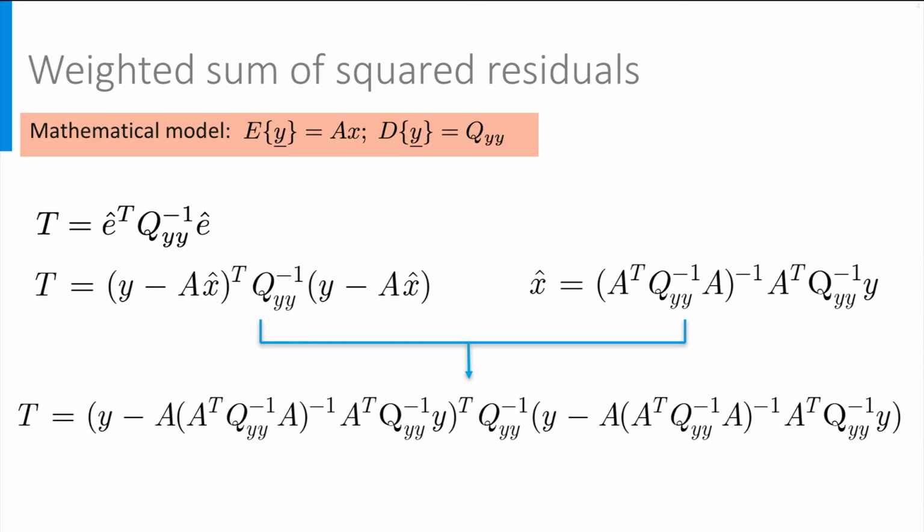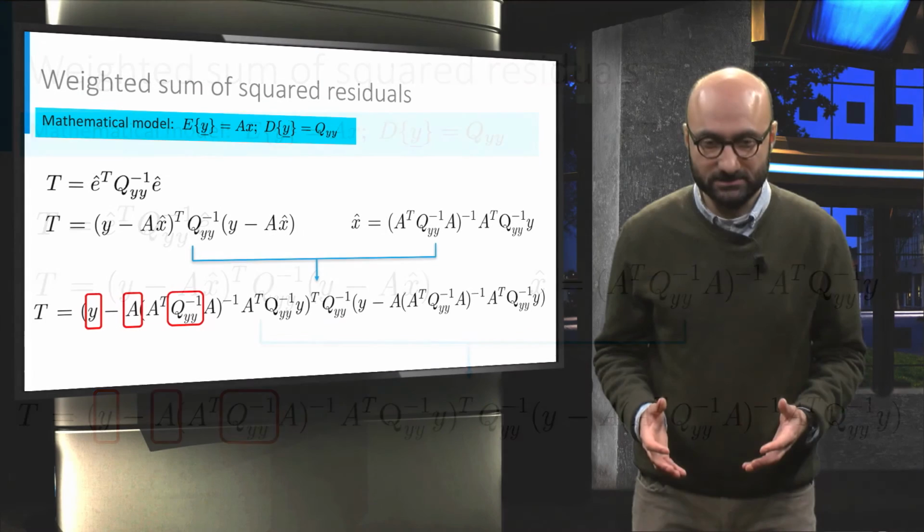Here we can already see that the t parameter is a function of three components in the mathematical model: observation vector, design matrix, and Q. We can say that if the overall model test is rejected, the problem is in the mathematical model. And by the problem being in the mathematical model, we mean it is in one of these three components.